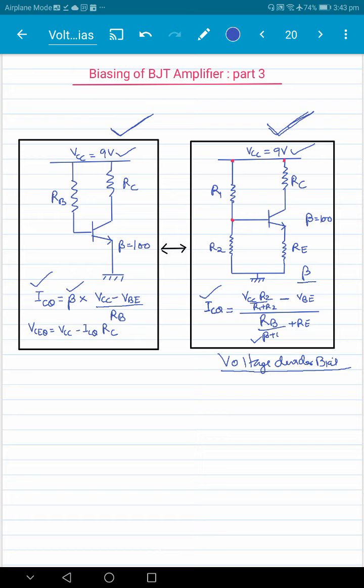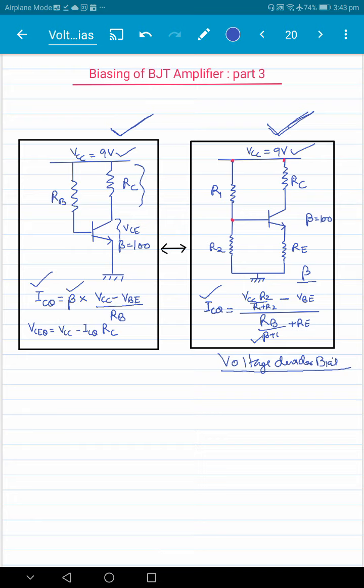After that, once you design ICQ, we'll consider that the voltage that is available divides equally between VCE here and the drop here. So when we have 9 volts, we'll divide 9 volts equally between the collector emitter voltage and the resistor RC.